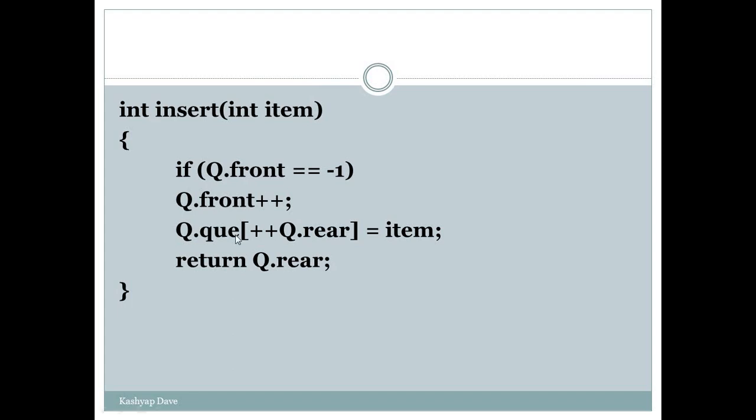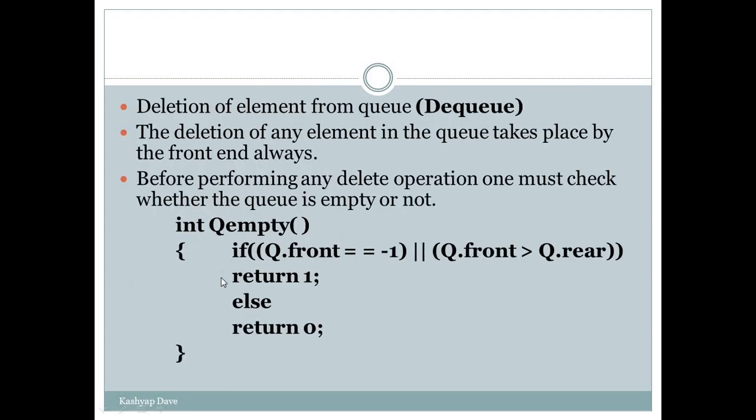So queue dot rear will become 0 and also queue dot front will become 0, and at this queue dot rear we will add our item. Only if front is equal to minus 1, we will perform queue dot front plus plus. Otherwise we will perform only queue dot rear plus plus. Okay, so this is the insertion operation in queue.